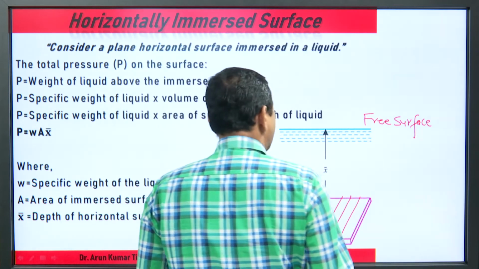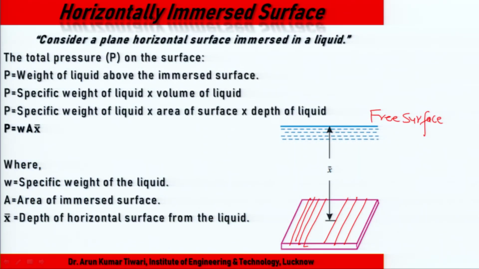Our objective is to calculate capital P. How do we calculate it? P equals rho g h times the area, where h is x bar, the depth of the centroid below the free surface, that is the CG point.